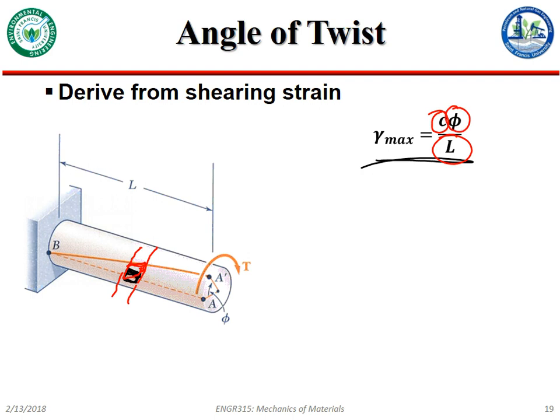And the angle of twist is if I drew a line along the rod and watched where it displaced to. So it started out at A and it moves to A prime. The angle that it moves through, phi, is the so-called angle of twist for the rod.